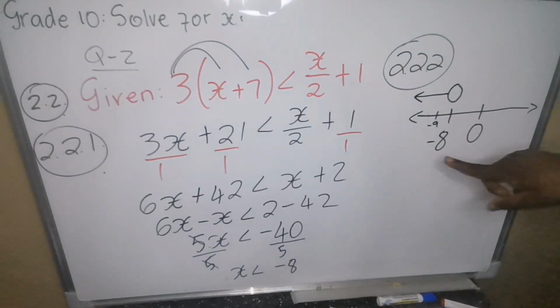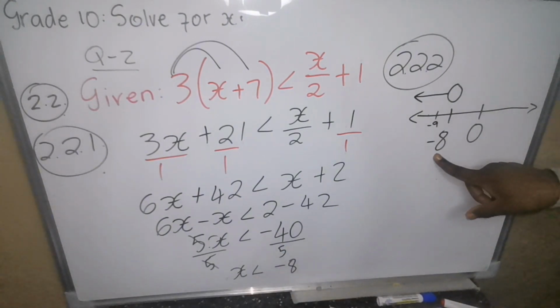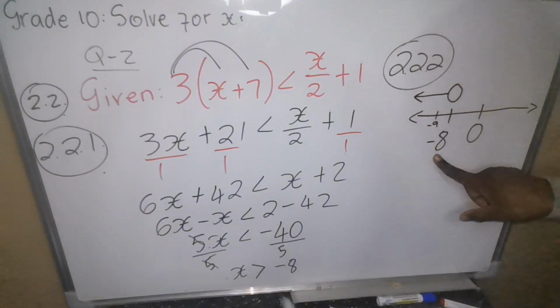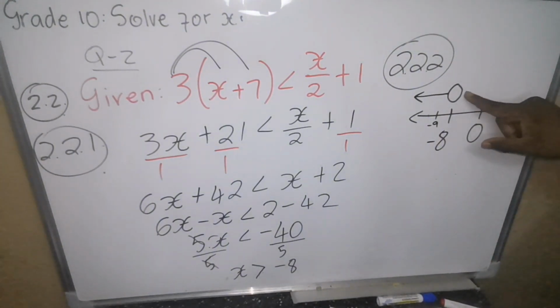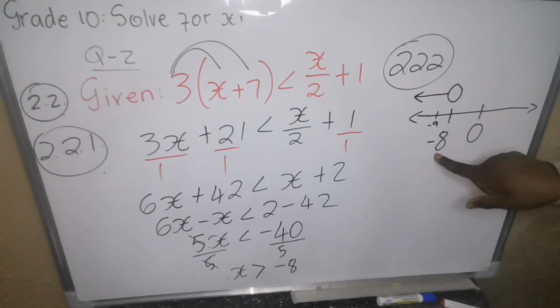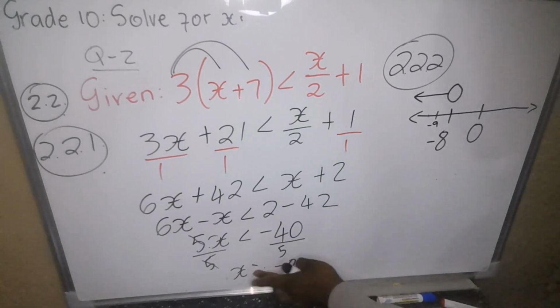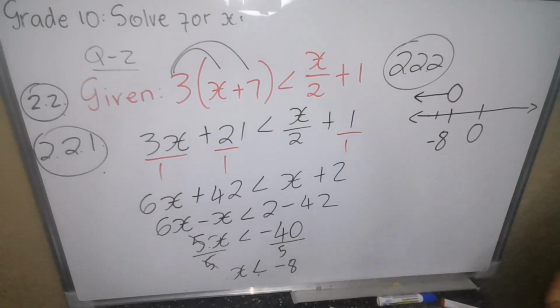But 0 is bigger than negative 8. But if this sign was facing the other direction, if we had x bigger than negative 8, you're going to draw this arrow to the right, because all these values that are bigger than negative 8 are on the right side of the number line. I hope we are clear. That's how you simplify such problems, guys. Thank you very much.